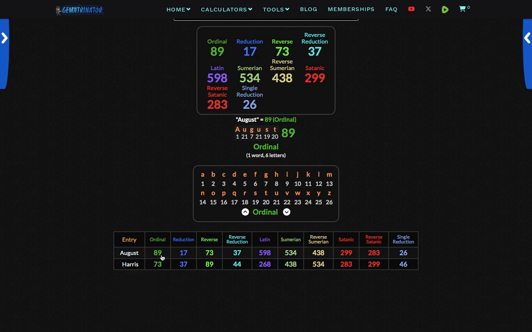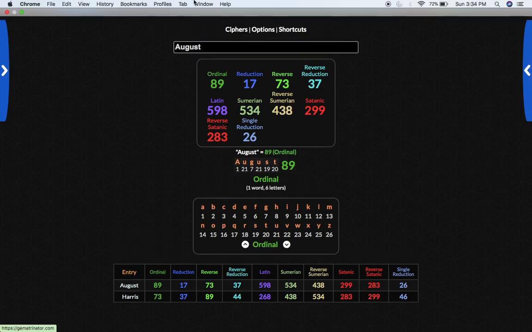So August matches 89-89, 73-73, 37-37, 438, 438, 534, 534, 283, 283, 299, 299. That's called a gematria anagram. So Kamala Harris is going to be president in August. They have to wait until August.